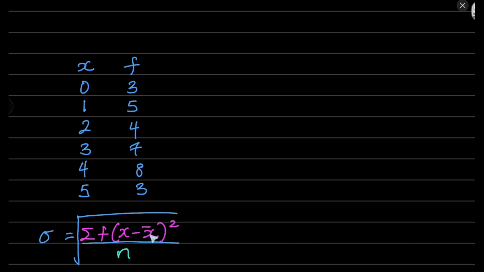Back to the formula. The first thing you need is your mean. I'm going to skip finding the mean. I assume by now we should know how to find the arithmetic mean of an ungrouped frequency distribution. I did it in the mean deviation video for an ungrouped frequency distribution. You can also find it in the arithmetic mean for an ungrouped frequency distribution video.